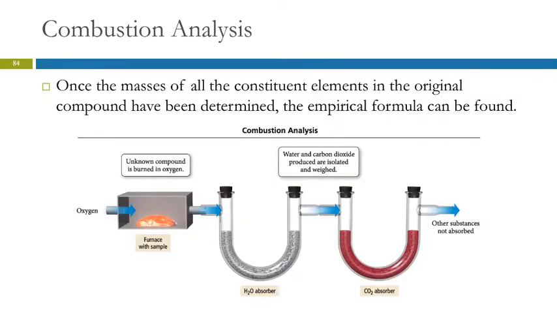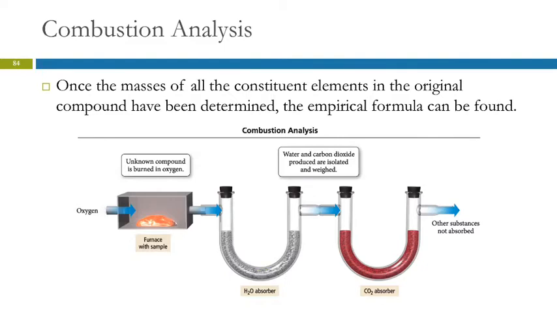So this is what an apparatus for combustion analysis might look like. The sample is weighed and put into a furnace with a stream of oxygen. So the sample burns, and the combustion products, which are water and CO2, pass out of the chamber because the oxygen is flowing in, and they go through a tube containing a water absorber that will absorb all the water that's formed, and then through another tube containing a substance that will absorb CO2.